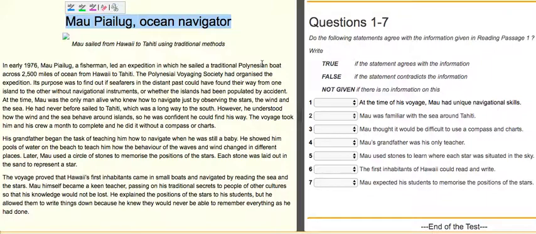So for the first reading, I would read the title, and I would try to skim quickly for the idea of each paragraph. It should be the first sentence, normally the first sentence or the last sentence.